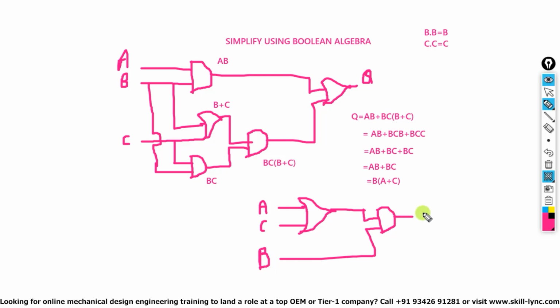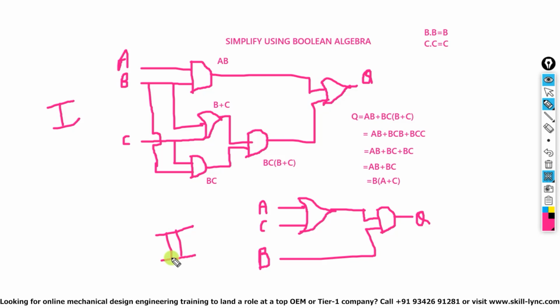And at last this is Q. You can see that this circuit is very simple as compared to circuit number 1. For example, this is circuit number 1 and this is circuit number 2. You can very well estimate how much simpler circuit 2 is.